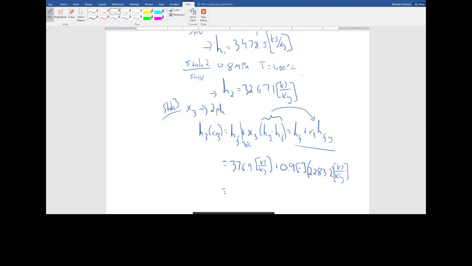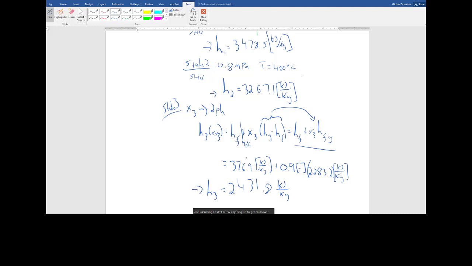I put that into my calculator. And assuming I didn't screw anything up, I get an answer of 2,431.8 kilojoules per kilogram.